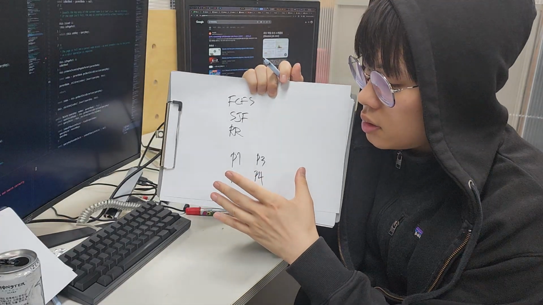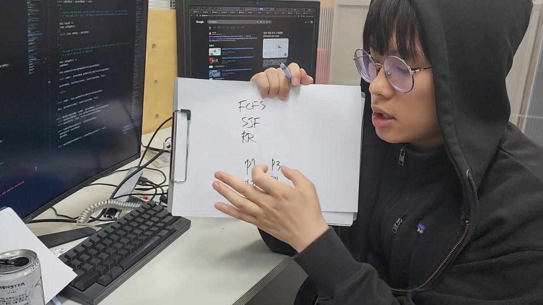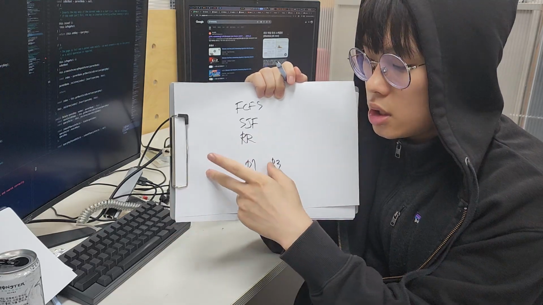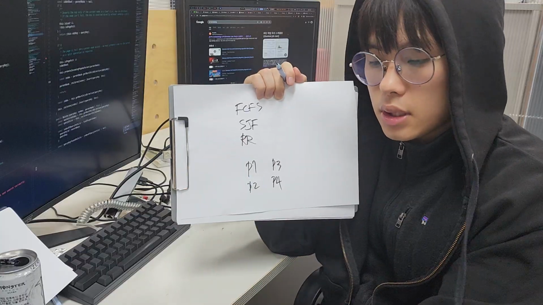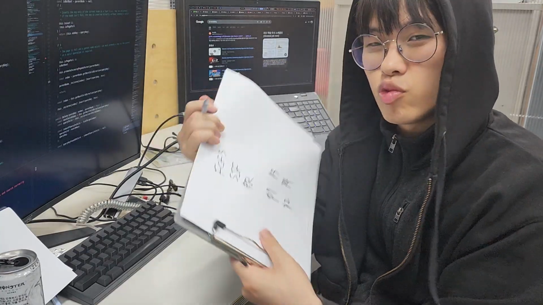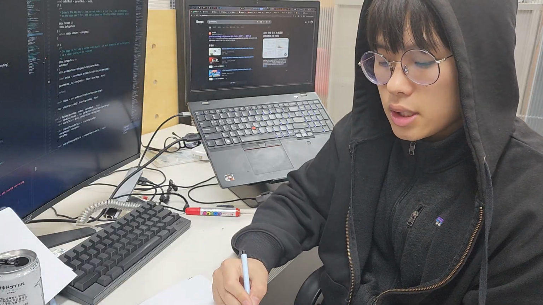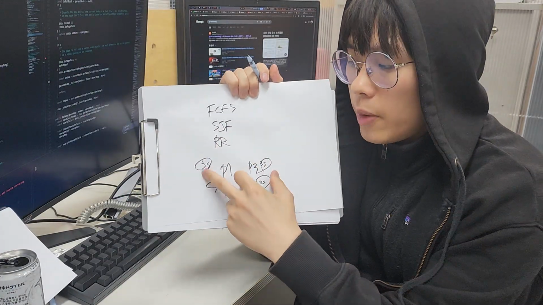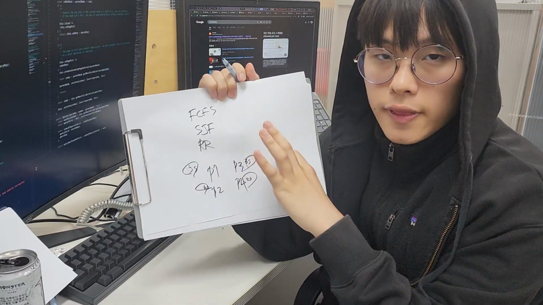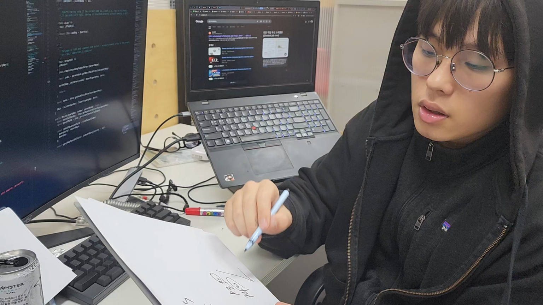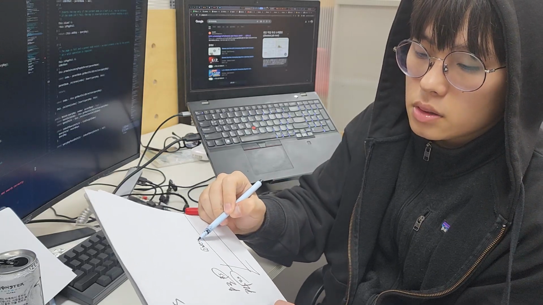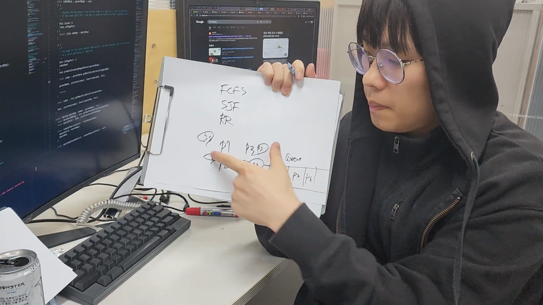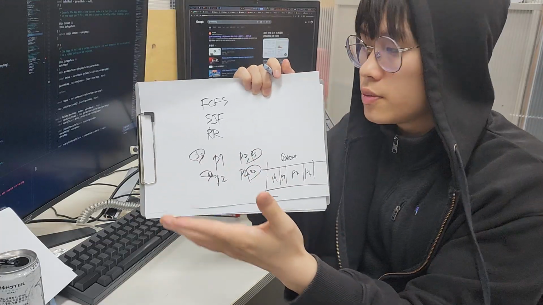You don't think about how much burst time each has; burst time means how long it takes the CPU to run the process. Say P1's burst time is 5 seconds, P2 is 3, P3 is 4, P4 is 2 seconds. FCFS doesn't care about burst time. It just lines them up in one queue: P1, P2, P3, P4, based on first come, first serve. This is like the queue data structure.